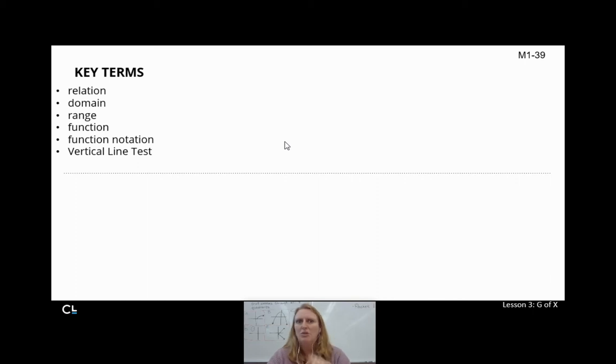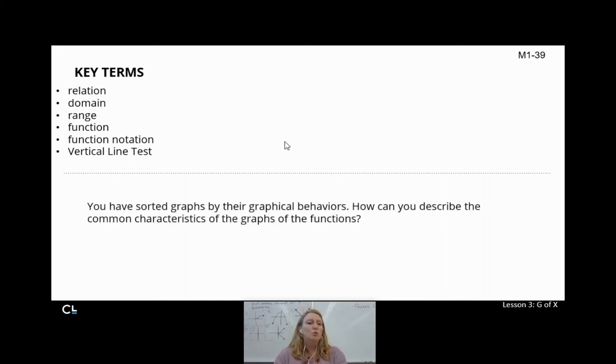Sorry, those aren't on my screen, but those are coming. So you've sorted graphs by their graphical behaviors. We were playing with our graphs and sorting them, and we're going to be playing with those graphs a little bit more today and in the coming days. So how can you describe the common characteristics of the graphs as functions?